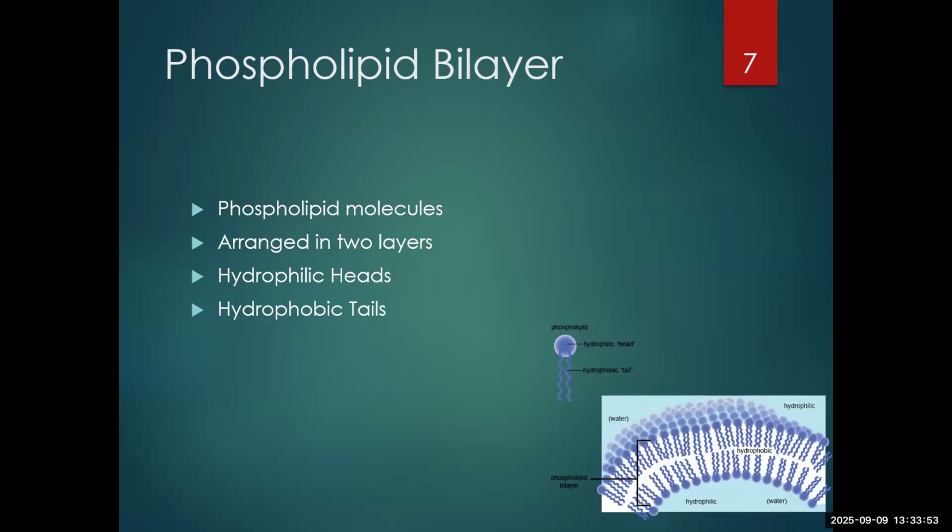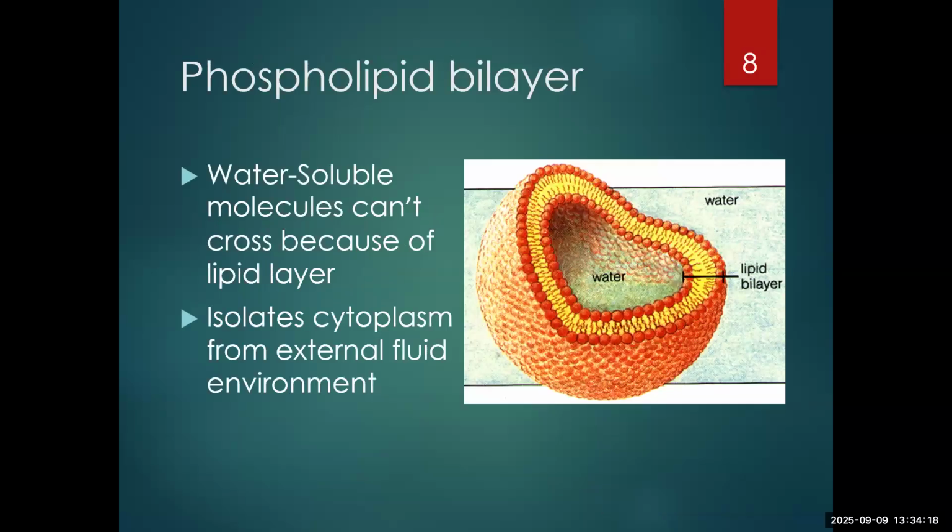And philic means to really like something. So the heads really like water, the tails do not like water. So hydro refers to water. So that means that the little fatty acid tails repel the water, the heads love the water. So it makes this groovy barrier between the two watery compartments.